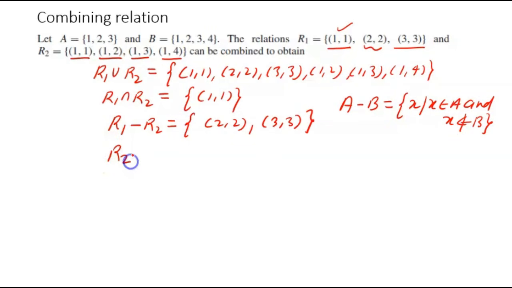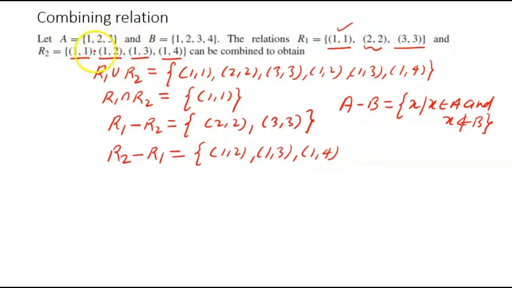Similarly, if I ask you what is R2 minus R1, in this case I am going to write those elements which are in R2 but not in R1. So 1 comma 2 is in R2, so I am writing 1 comma 2 because it is not in R1. 1 comma 3 is in R2 but it is not in R1. 1 comma 4 is also in R2, right? You can see, but it is not in R1, so I have written that.